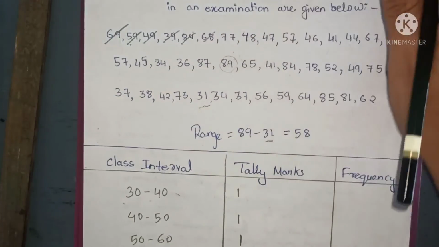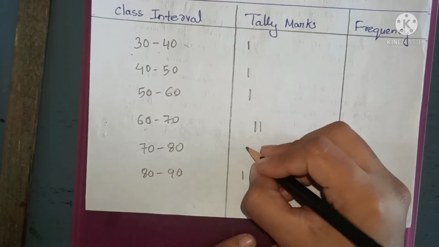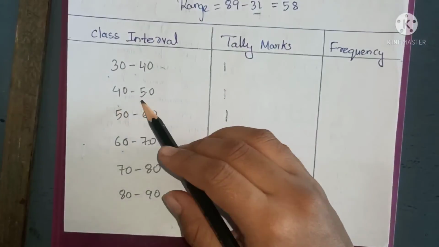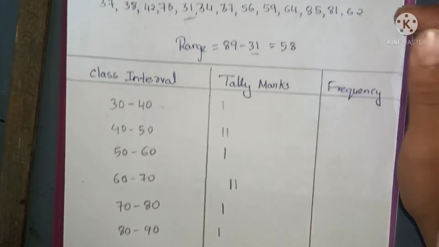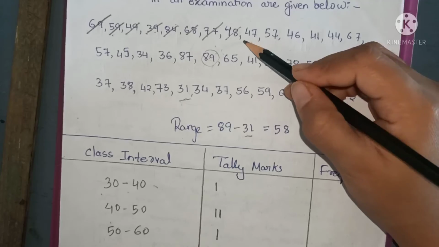Okay, 68 is done. Now 77. 77 will lie between 70 to 80. Then we will cut it. 48 will lie between 40 to 50, so we will make another tally mark here. Now 47 will lie between 40 to 50.